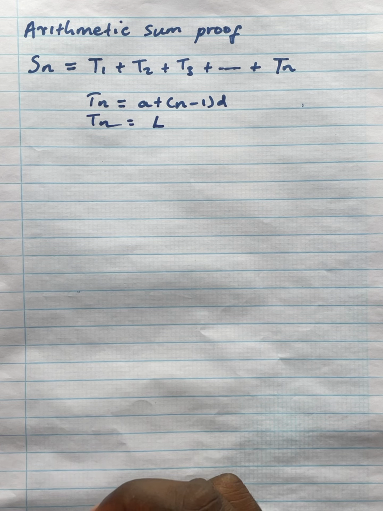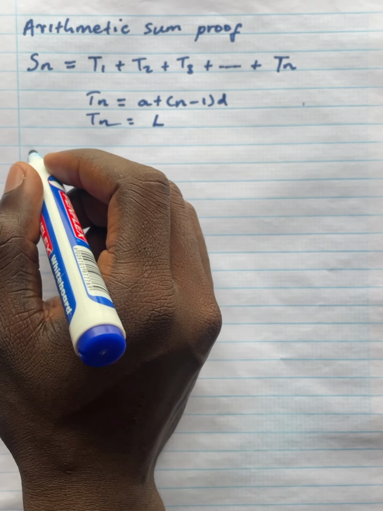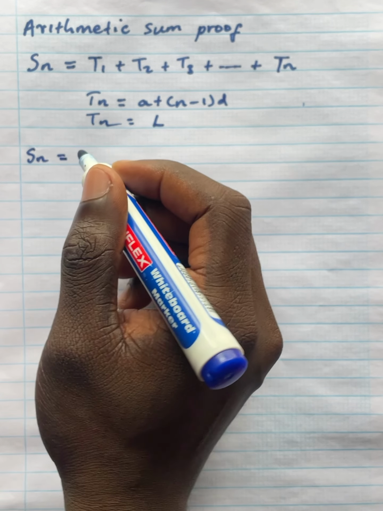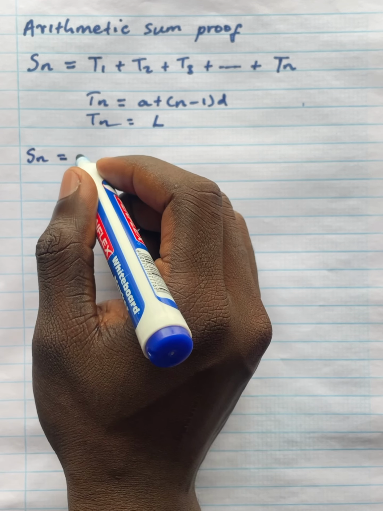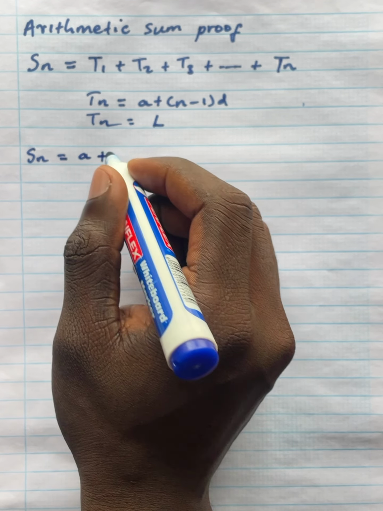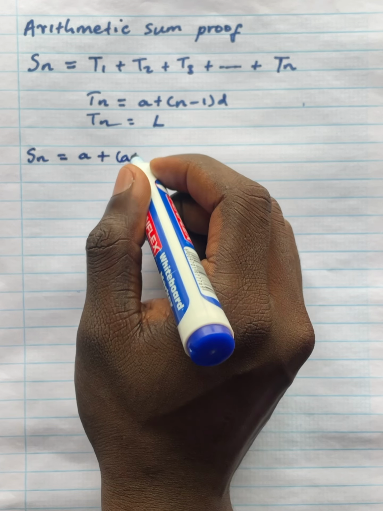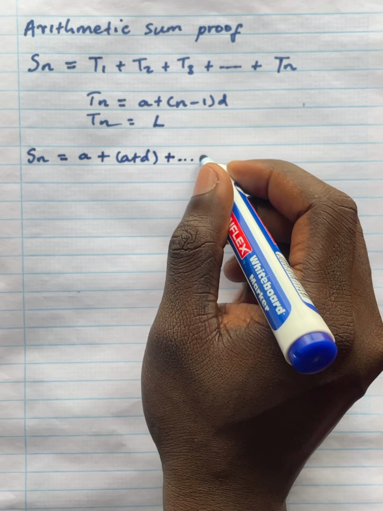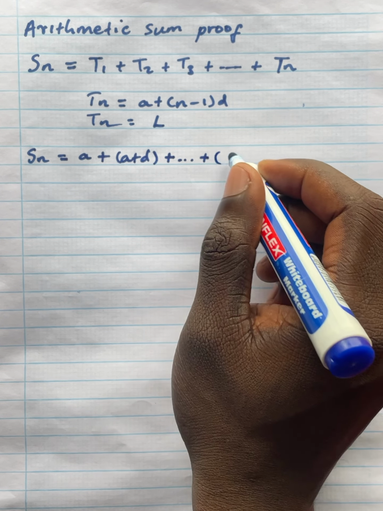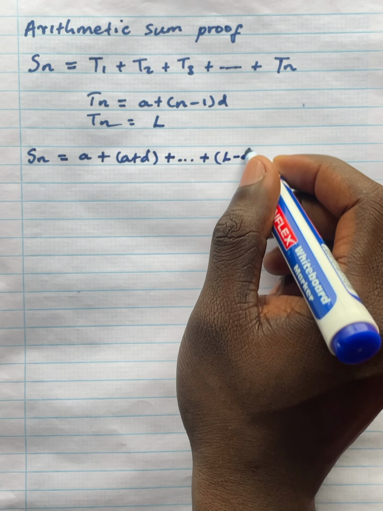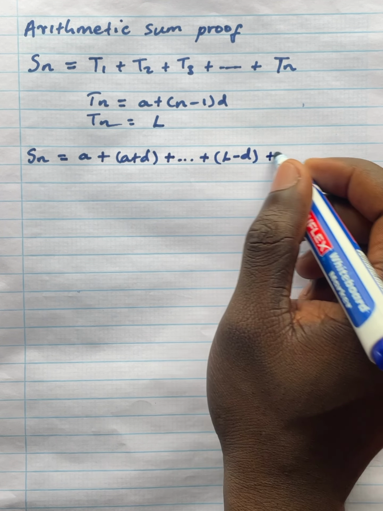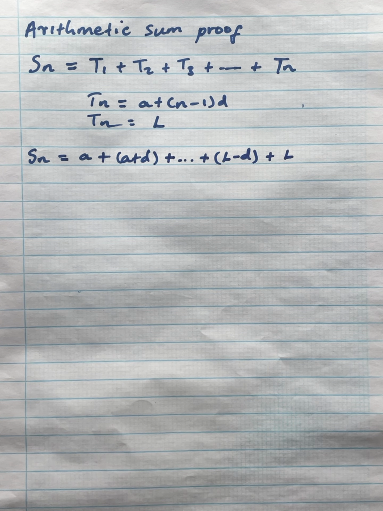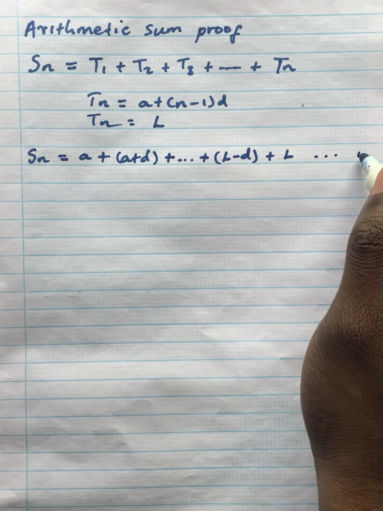So if you want to get equation number 1, you will say S of n is equal to T1, which is represented by a, plus T2, which is represented by a plus d, then plus, we'll skip T3, and then we're going to go to the second last term, which is represented by L minus d, and then plus the last term, which is represented by L. So that will be equation number 1.